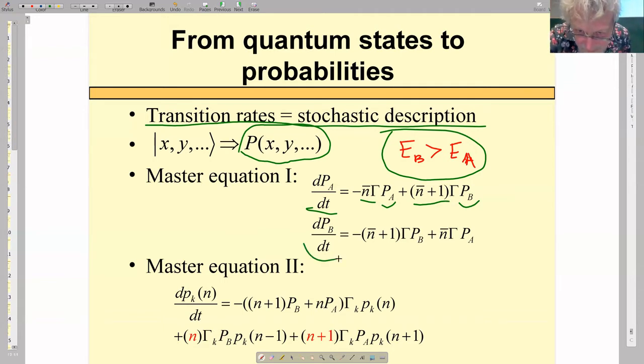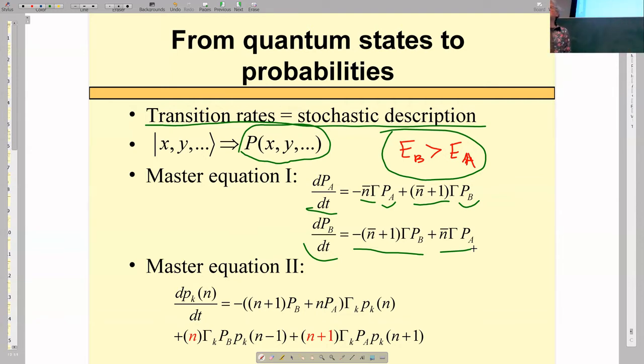Fine. Good, we do it for A, we can also do it for B. Let us see then the change of probability to be in B. Is it due to what? B is a high state. So due to emission. And this is what comes from A is from absorption. Good, now we have all rates in the right places. Let me make a simple foolproof check.